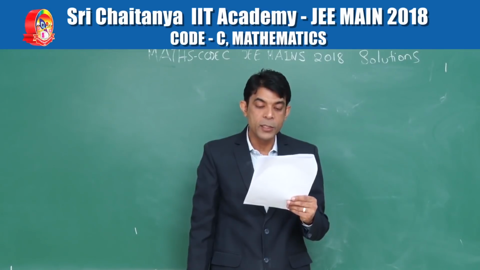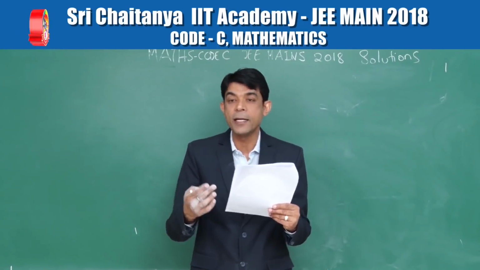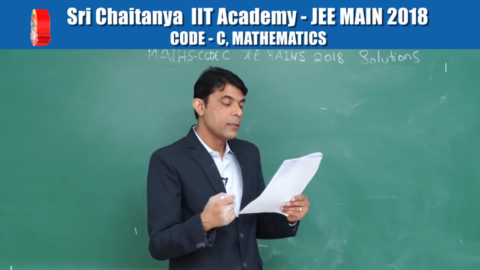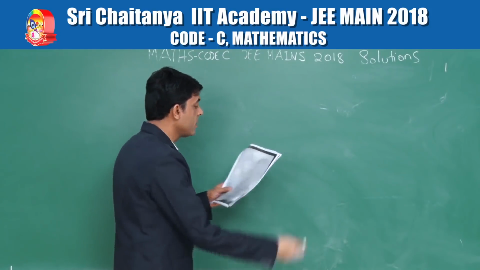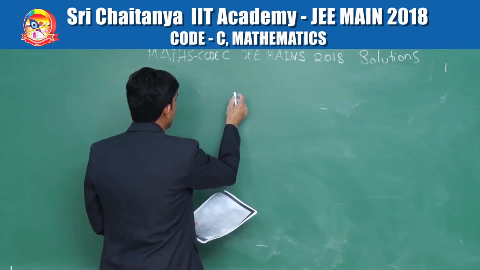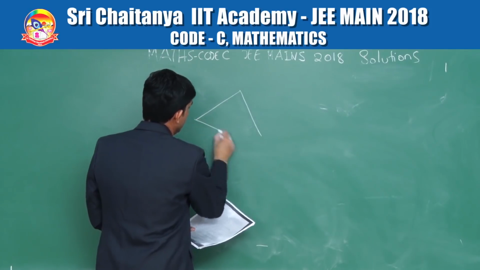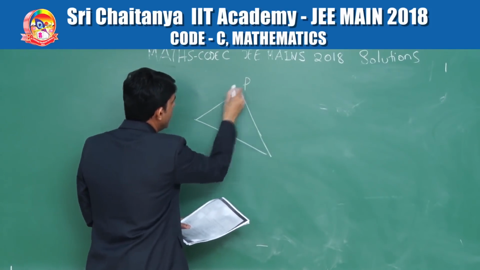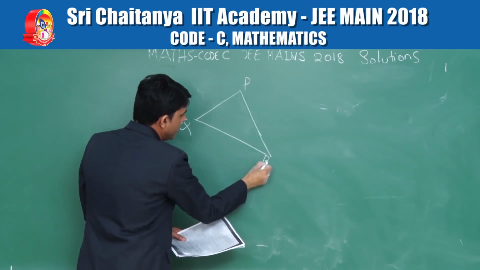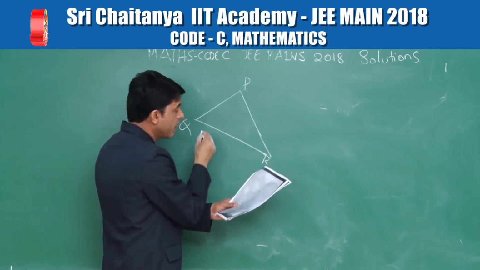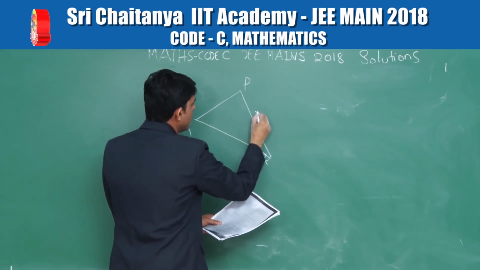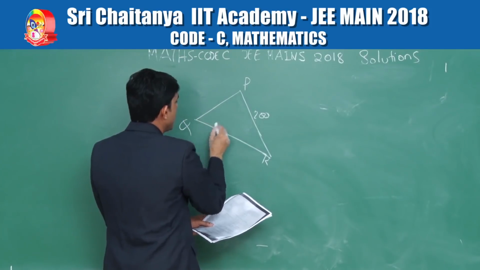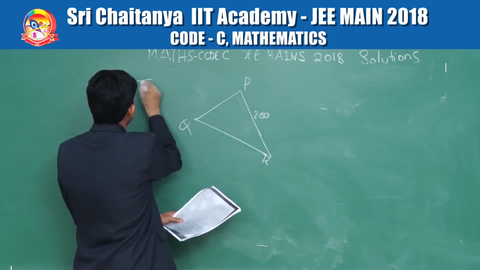Number 40 concerns a tower. So it's a height and distance problem. Let's make the diagram of the problem. It says that PQR, so let's draw like this, P, Q, and R. This is an isosceles triangle. So given PQ equals 200 and PR also equals 200.